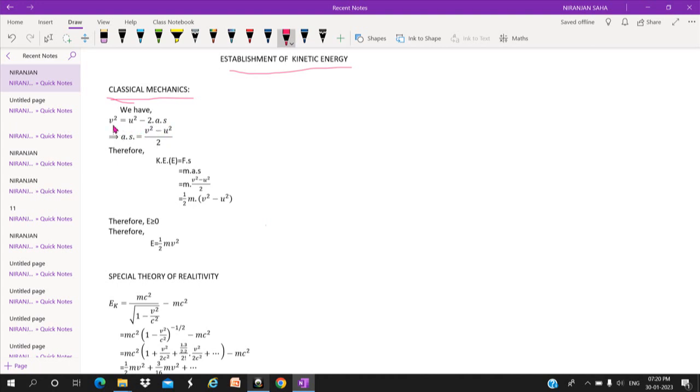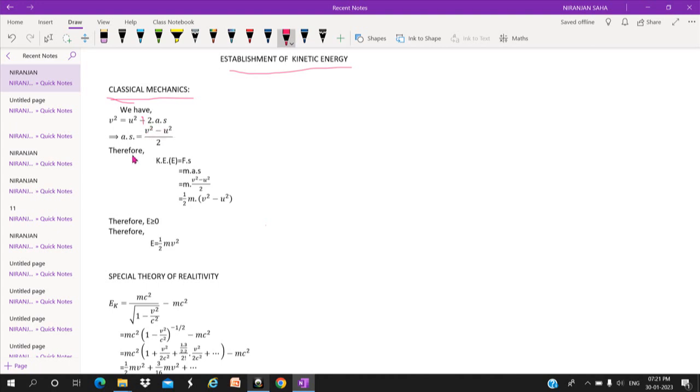Then we will get v square is equal to u square plus 2as. Here a is the acceleration, it will be plus actually, since we have taken it as an acceleration, not retardation.